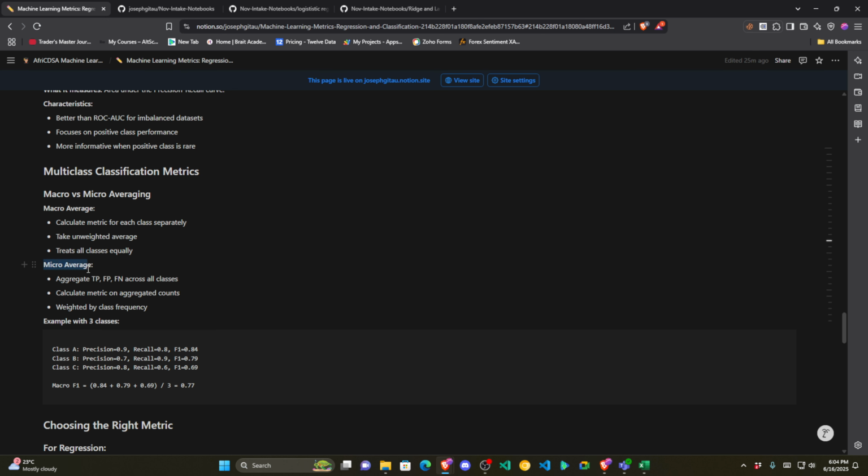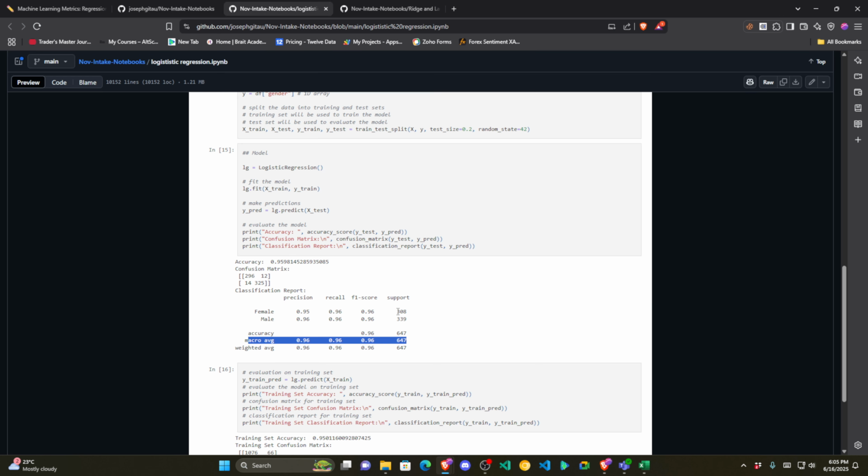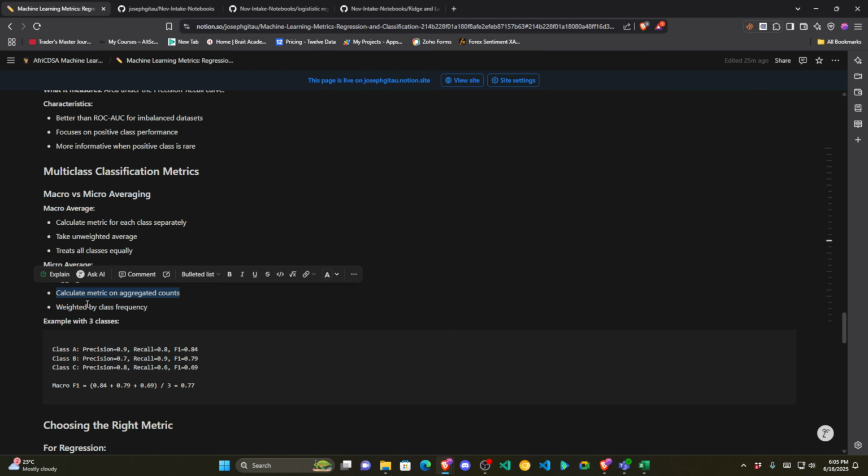And then for micro average, you aggregate the TP, FN, FP, TN across all classes, and then you calculate the metric on the aggregated counts. Aggregated counts means, like, what is the sample size. That is the support number that you are seeing over here. What is the sample size for each class? And then you weigh it by the class frequency.